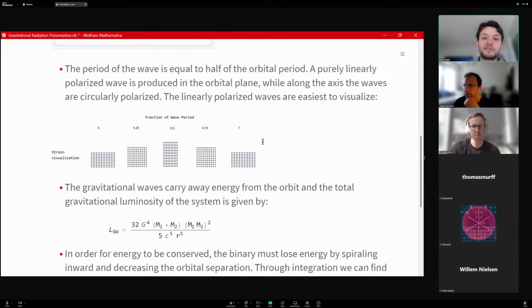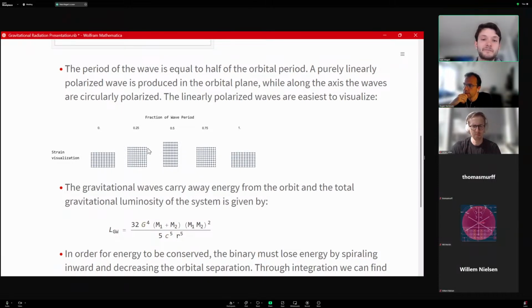And this is a visualization I made of the wave strain. You can see that it alternately stretches and squeezes the space in the horizontal and vertical directions. Right, so squeezing the x direction will push out the y direction to compensate.